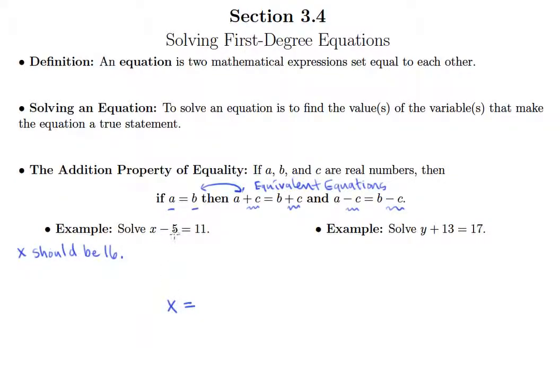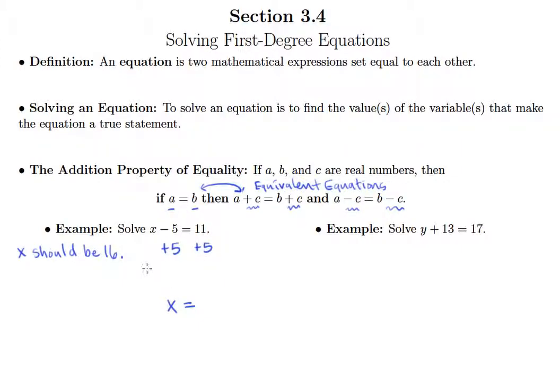Since I'm subtracting 5, and I want x to be all by itself on the left side, we're going to add 5 to the left side, but that's only legal if we also add 5 to the right side. So we have negative 5 plus 5 is 0. Again, we're thinking of a minus and a negative kind of interchangeably.